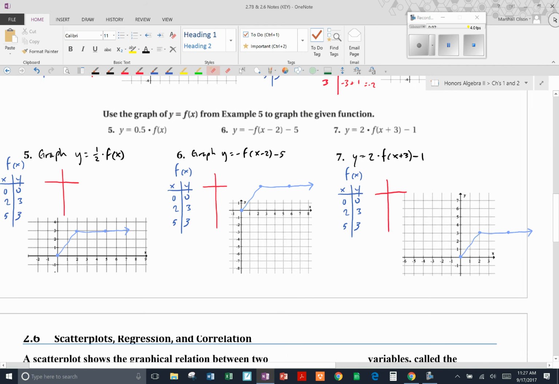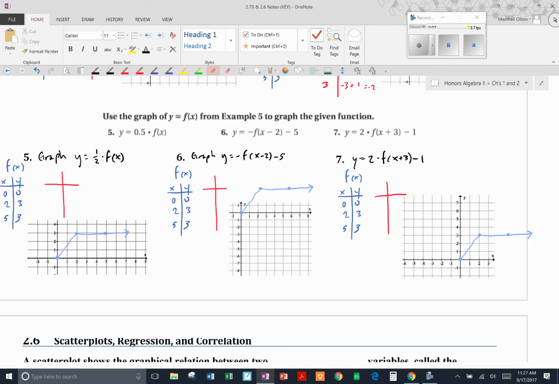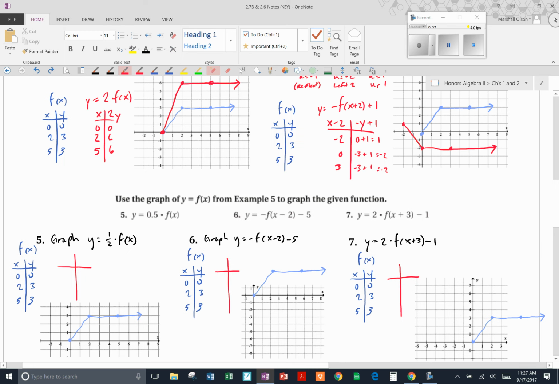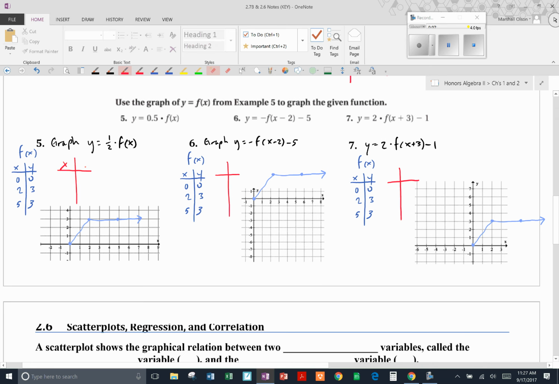Okay, let's take a look at our next 3 examples here, 5, 6, and 7. We're using the same original function. Number 5 is much like the first example that we did. We are just going to multiply the y values by 1/2 because that's our a value. So I'm going to have x and 1/2 y. The 0, 2, 5, those don't change. 0, 1.5, and 1.5, taking half of those y values.